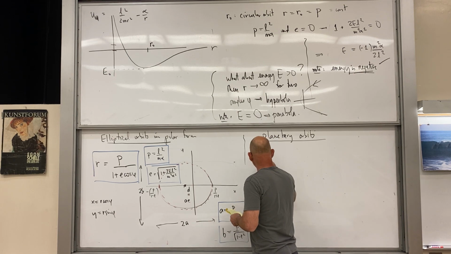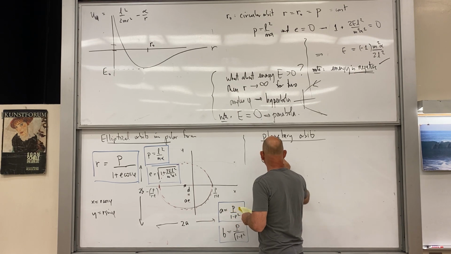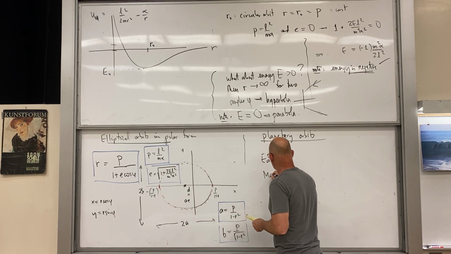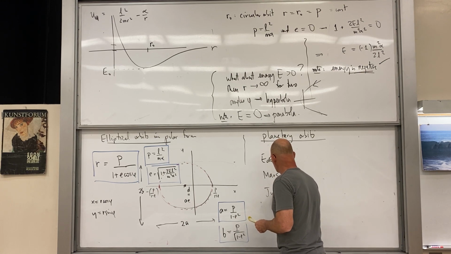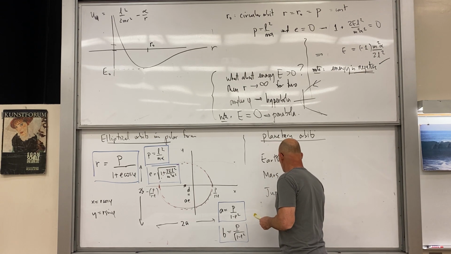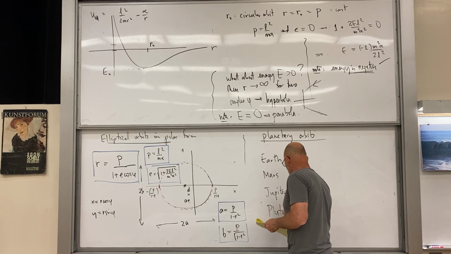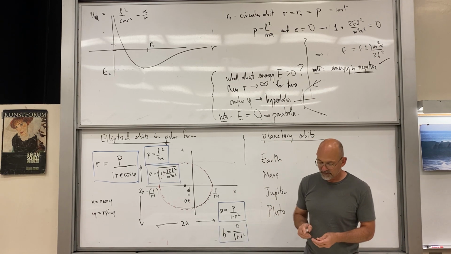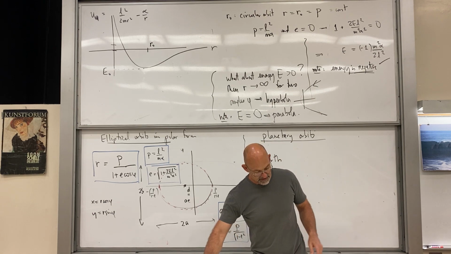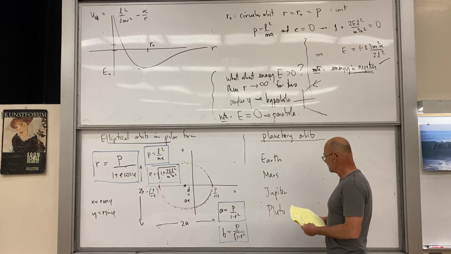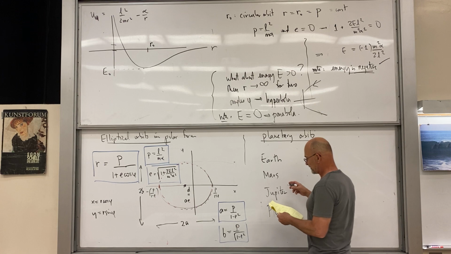So we're going to do Earth, Mars, Jupiter, and Pluto. Pluto's been demoted, but we're keeping Pluto in the list of planets.